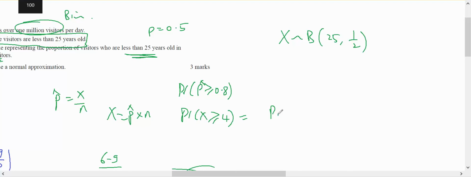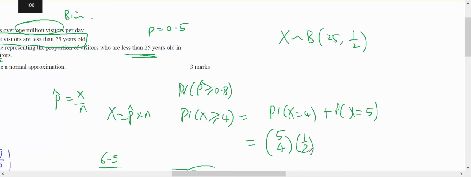That is the probability that X equals 4 plus the probability that X equals 5, which will be 5 choose 4, a half to the 4 for successes, a half to the 1 for the fail, plus the probability of selecting 5 from 5, a half to the 5.